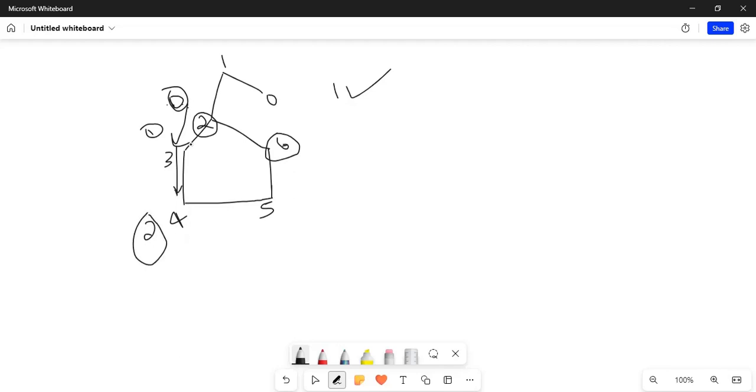Now 4 tries 3 and 5, but 3 is already visited. Now 4 goes to 5, and the total distance will be 2 plus 1, so a total of 3 units of distance is traveled. Now 5 calls for 6, and when you encounter 6, your distance will be 4.